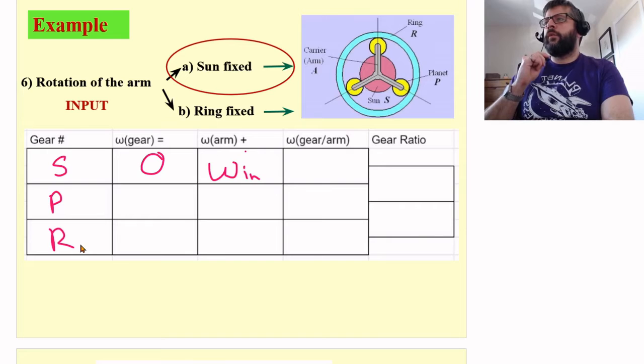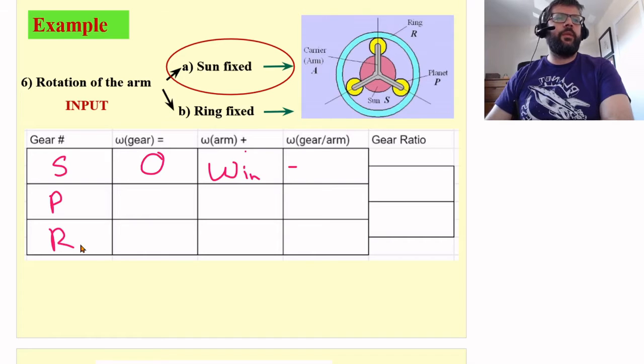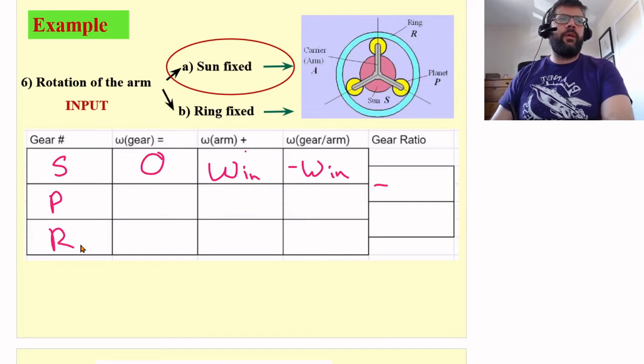The rotational speed of the sun gear relative to the arm just needs to be negative W in. Then we've got this gear ratio, the gear ratio between the sun and the planets. That's going to be negative, so we're going to have NS divided by NP.